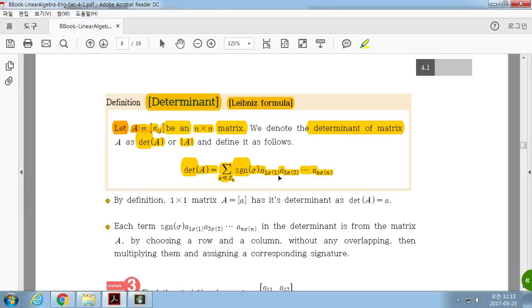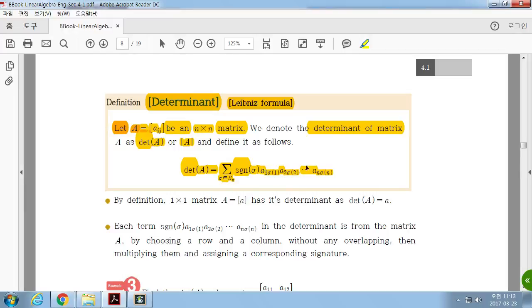What does this mean? This means you choose only one entry from each row without duplications, so that they do not overlap.